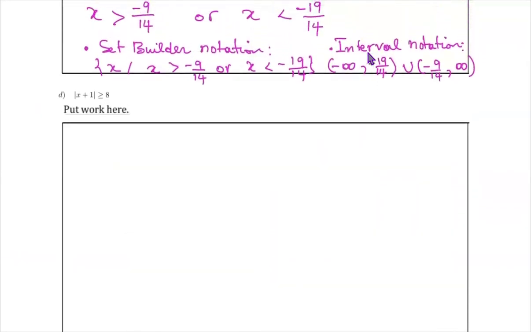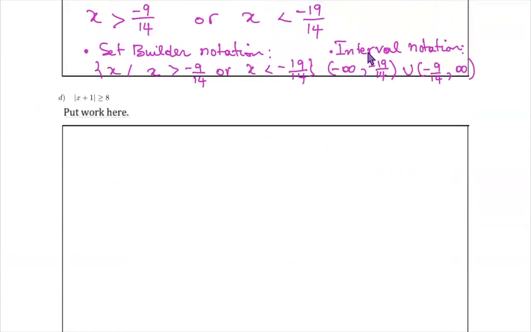Our next example here already has the absolute value isolated. We can just decide what type that is. That's an OR type, because it's a greater than or equal to.